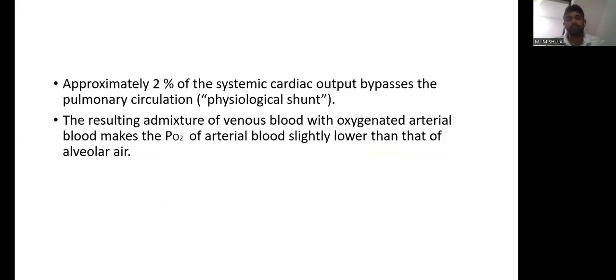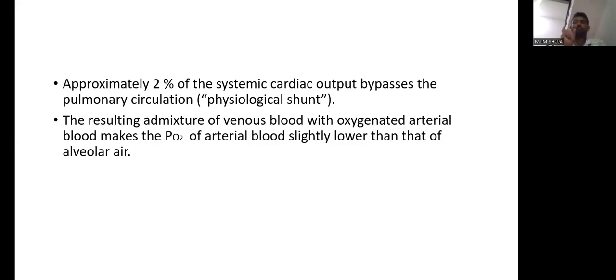Approximately 2% of the systemic cardiac output bypasses the pulmonary circulation. We call that physiological shunt, which happens normally. What is the problem in bypassing the pulmonary circulation? In the veins, the blood is deoxygenated. When it goes through the pulmonary circulation, it exchanges with the oxygen from the alveoli, so it becomes oxygenated blood.